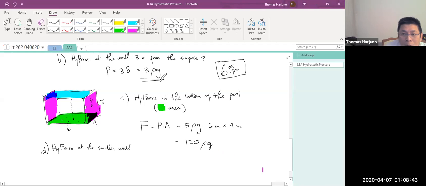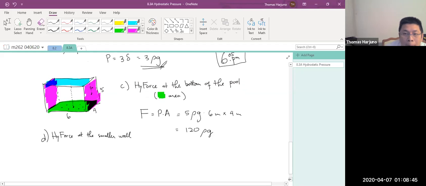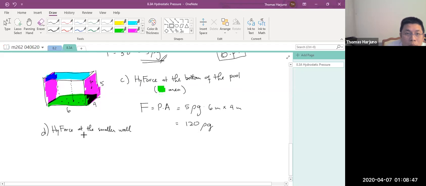Now, if I take a look at the smaller wall, that will be 4 by 5.